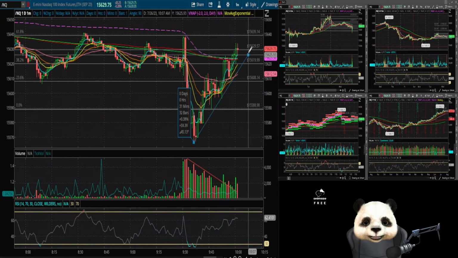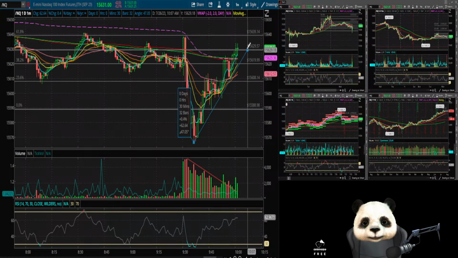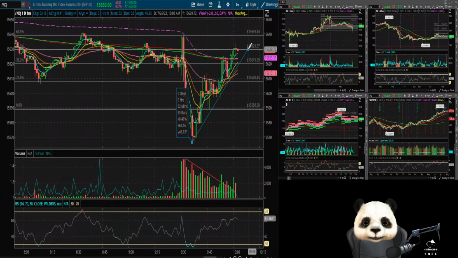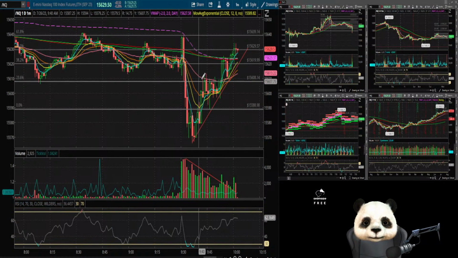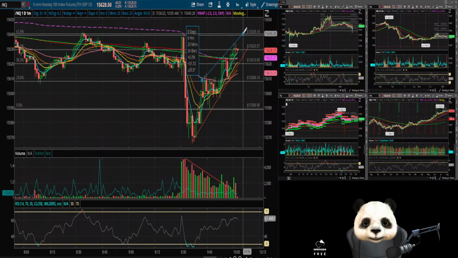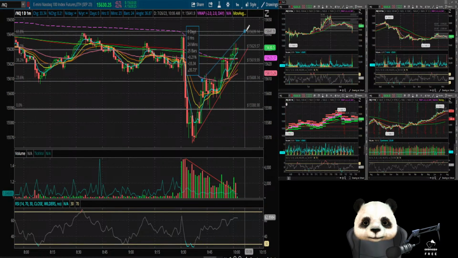Just for fun's sake, let's draw a little line here to show our trend. Steep little trend we got. Could even go like this, top of the trend, right about there.